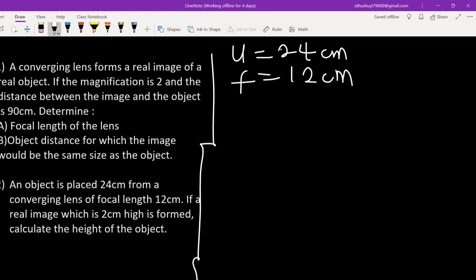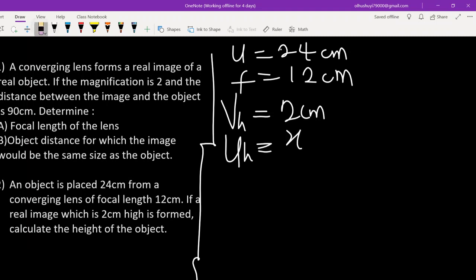If a real image which is 2 centimeter high, the image height, I call it V subscript H, is 2 centimeter high, calculate the height of the object, U subscript H, which is what? X, or I just put a question mark.